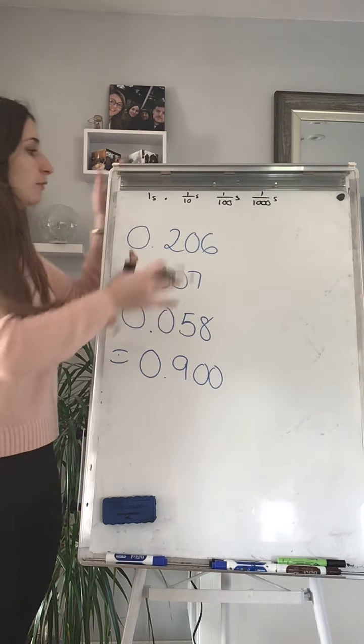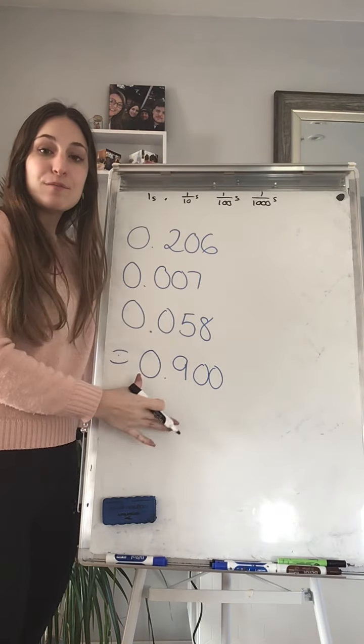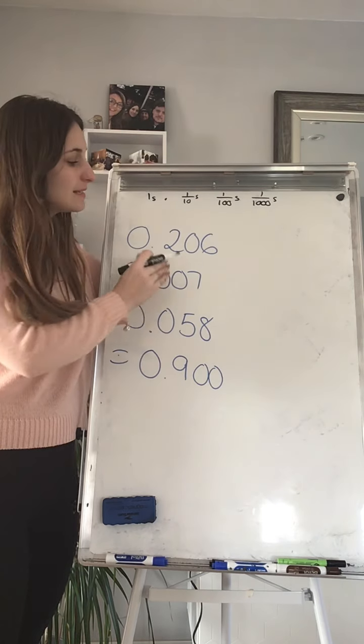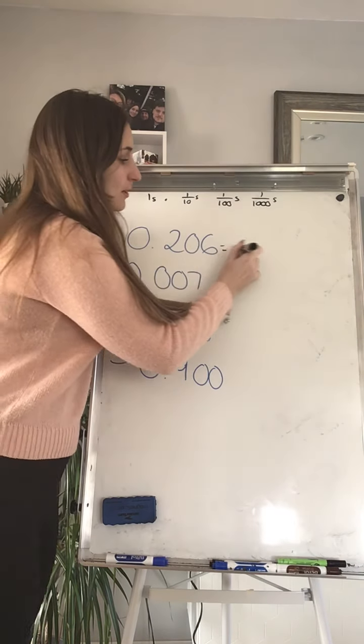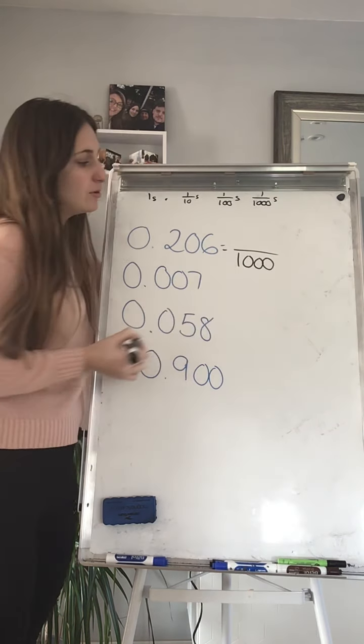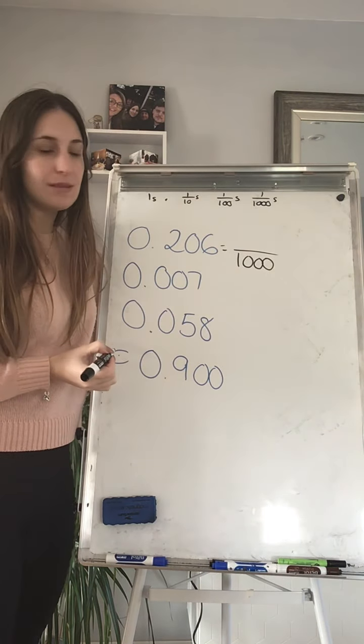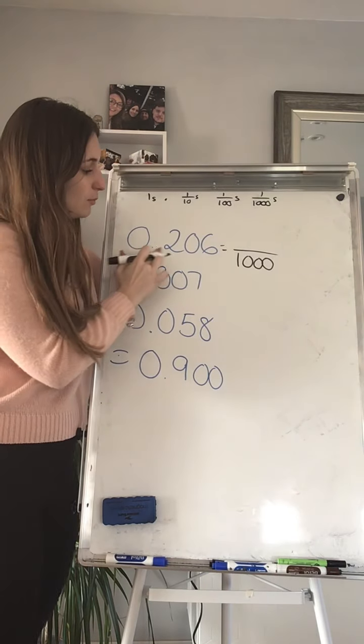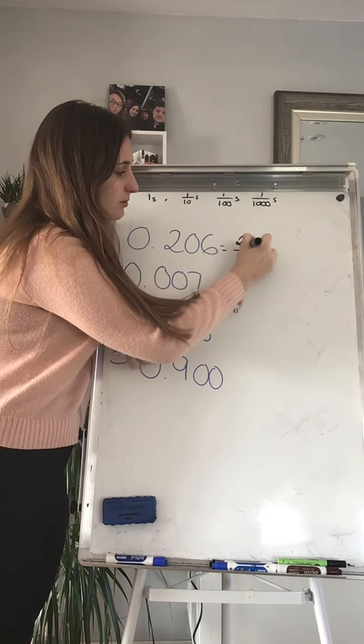So we are seeing turning decimal numbers with 3 decimal places into a fraction. Because it's 3 decimal places, I'm going to have 3 zeros, and that's going to be my thousandths. Let's read it. 0.206 what? Thousandths.